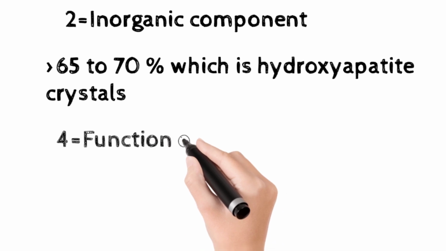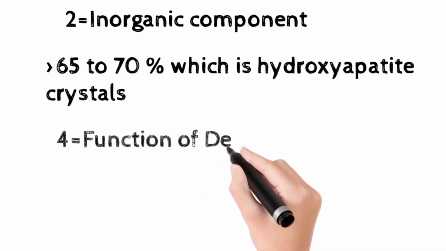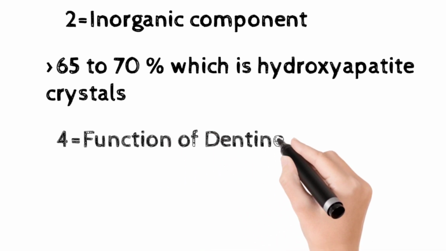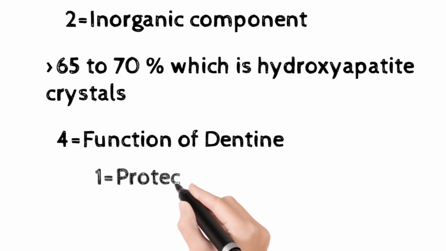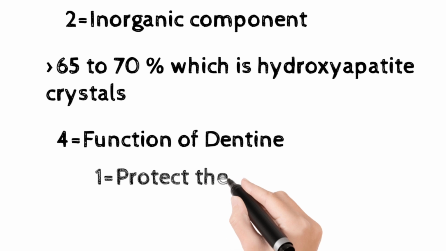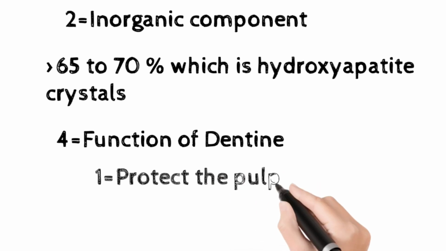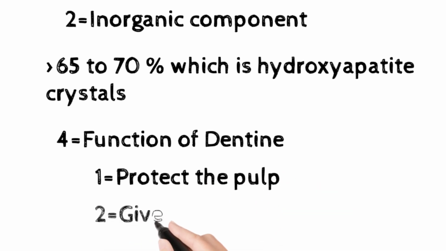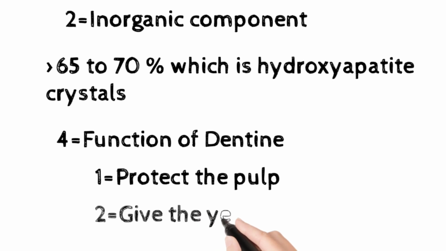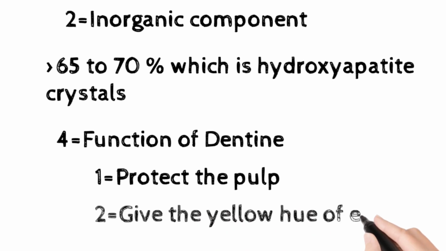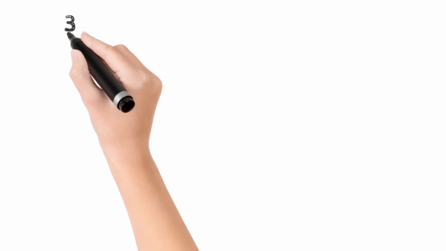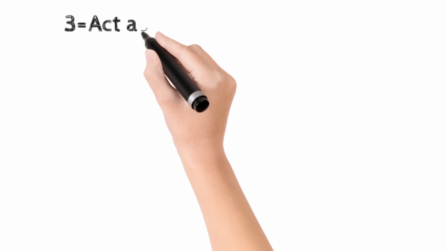Now after composition, come to the last part of this video, the function of dentin. There are 4 functions of dentin. Number 1, dentin protects the pulp, meaning it protects from external stimuli, cold, heat and irritants of filling material. Second, it gives the yellowish hue to the enamel.